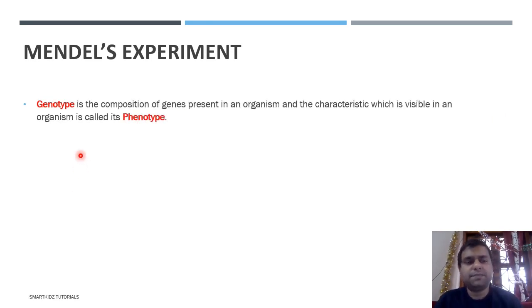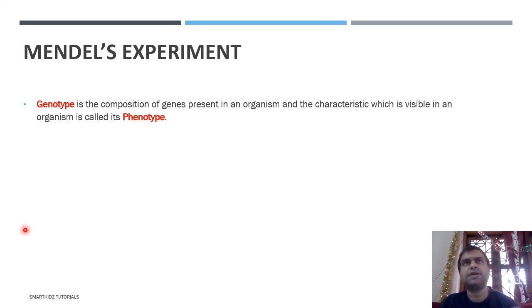So when we speak about the difference in the alleles, we speak about a capital T and a small t. We refer to the genotype of the organism. The genotype is the composition of genes present within an organism.